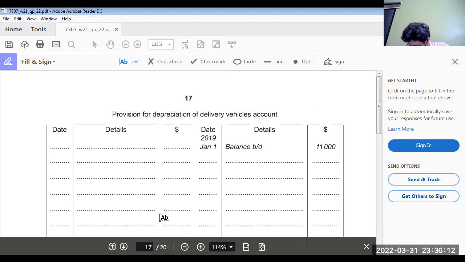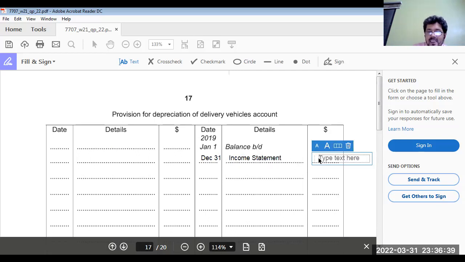Now, because we are using the straight line method, it means every year the depreciation would be the same. Now, December 31st, 2019, the transfer to the income statement would be again 11,000. That is very easy. Are you getting my point clear? Because he is using the straight line method.